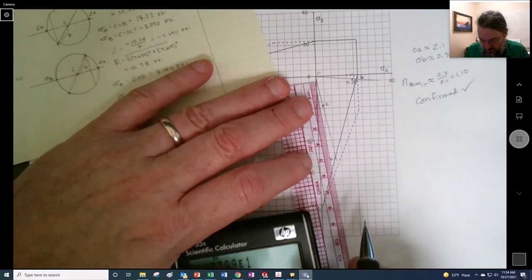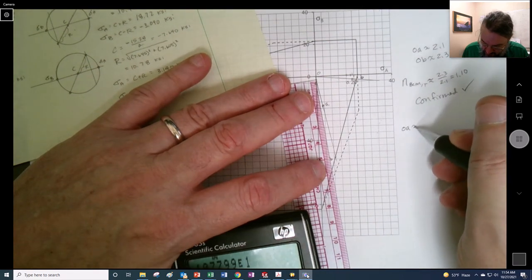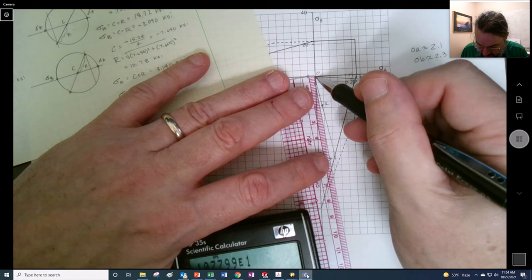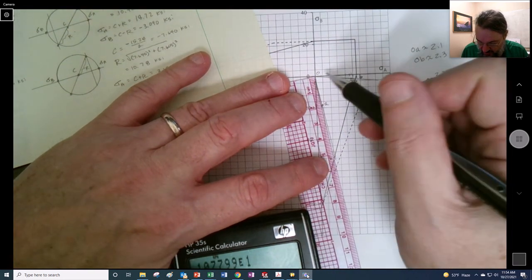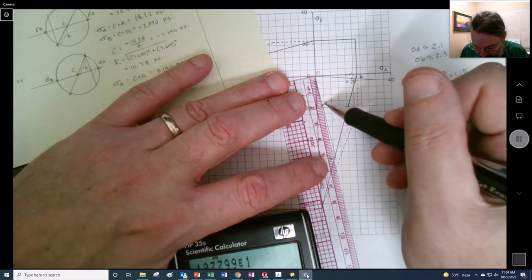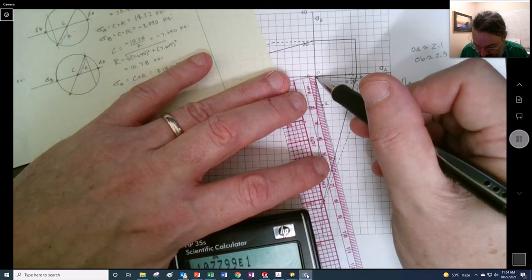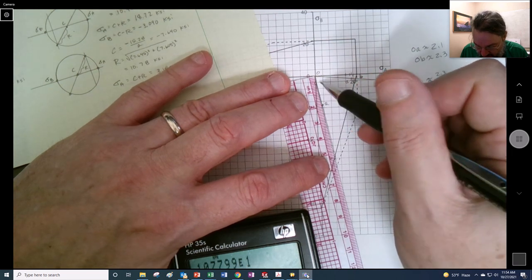And then this other one, we could go for OA. Like I could have named it something else too, I guess. That should actually be the same radius. That should actually be 2.1, by the way, if I did it correctly. Oh, no, it should be slightly different, right? Because they are just ever so slightly different.